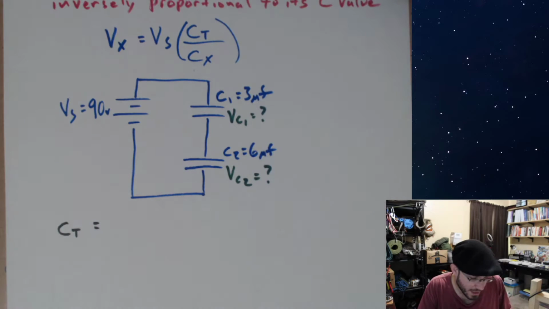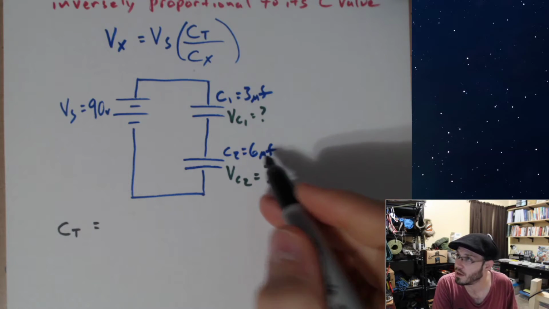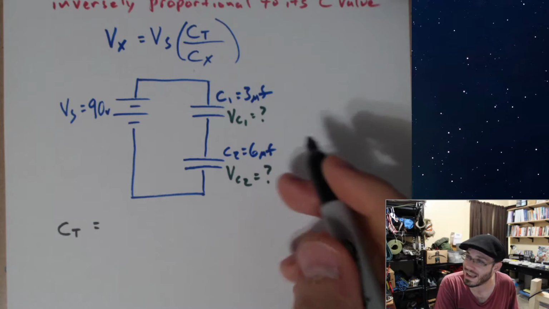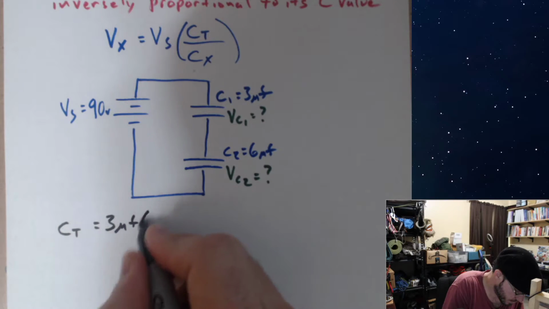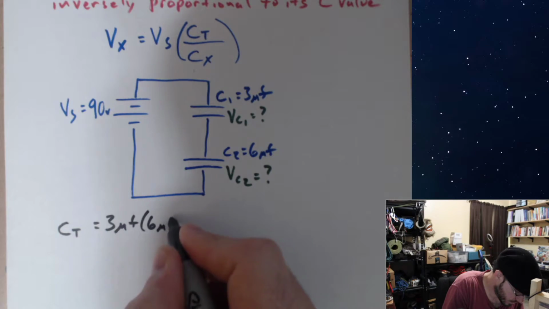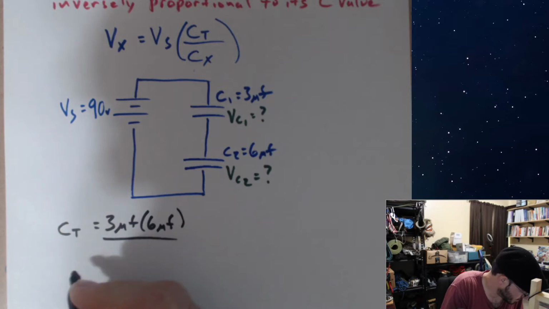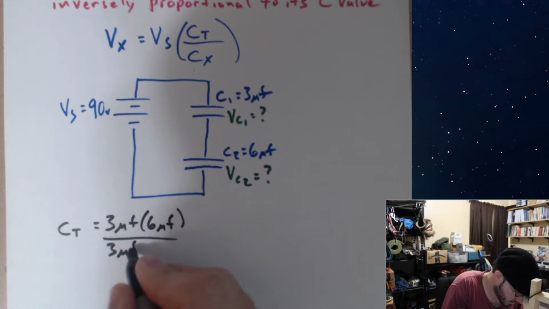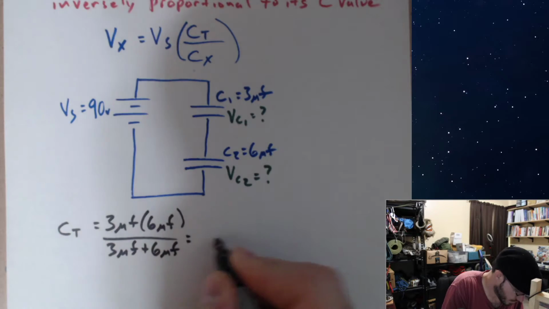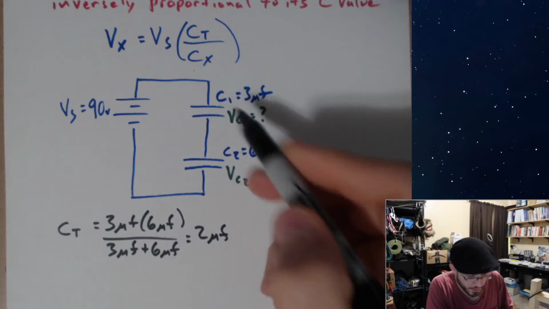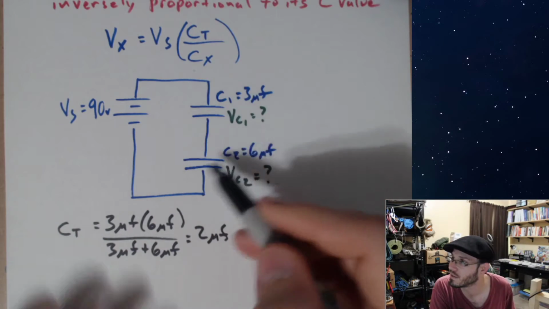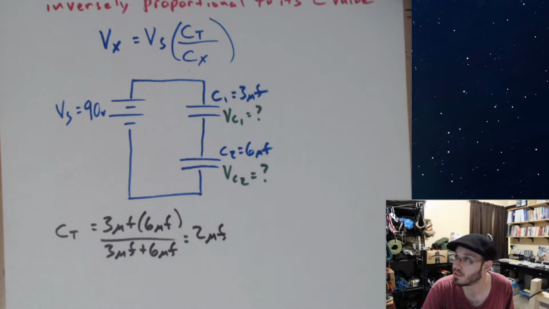CT is going to be equal to, well, since we have two caps in series, we can go ahead and say 3 microfarad times 6 microfarad divided by 9 microfarad. You're going to get 2 microfarad for what the total combined capacitance is for these two caps in series.